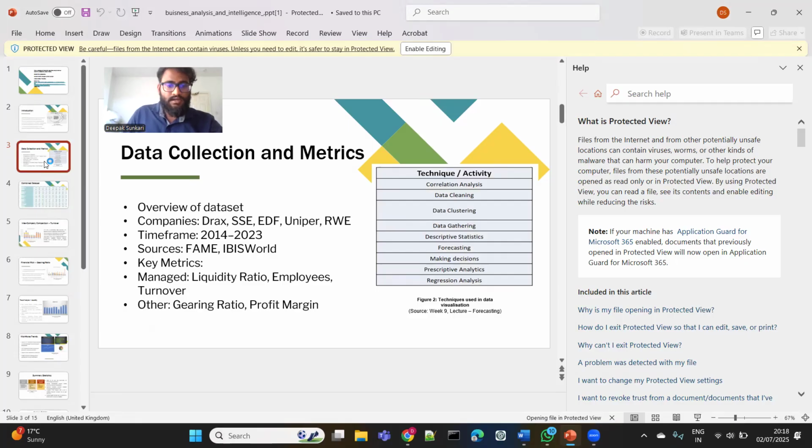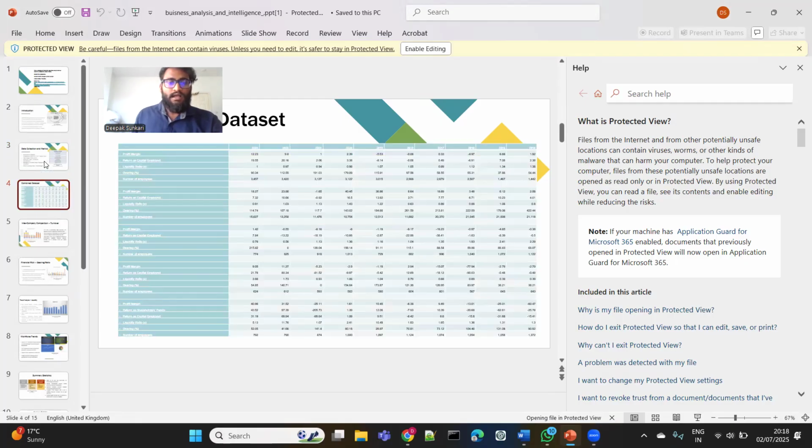Individual techniques used in data visualization are correlation analysis, data cleaning, data clustering, gathering descriptive statistics, forecasting, decision making, perspective analysis, and regression analysis. As shown in the data set here, I generated it from many sources, which include forecasting, lectures, and the individual report, presentation of charts and insights generation, intercompany comparisons.